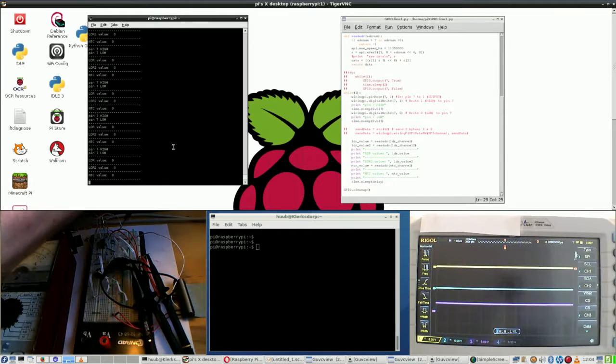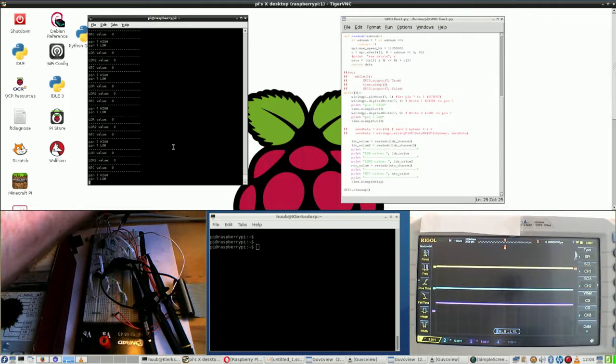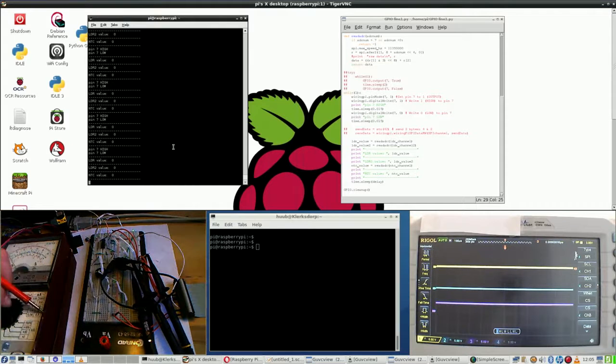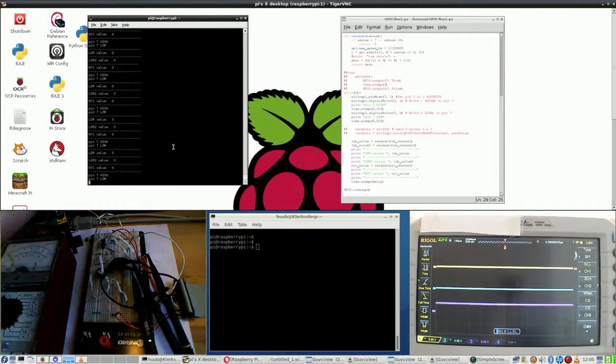So let me once again check. Yeah, this is about the value I could expect. 100 kilo ohms. So back to 10 kilo ohms.